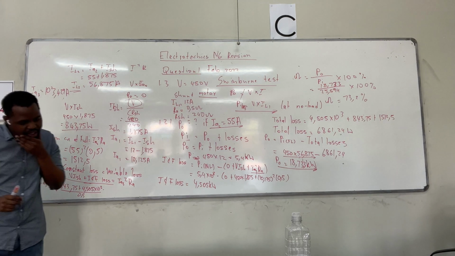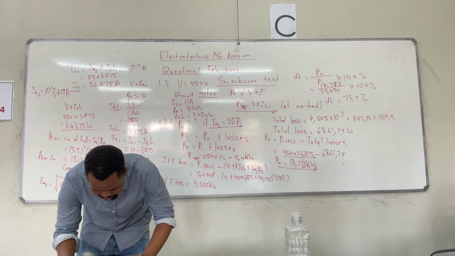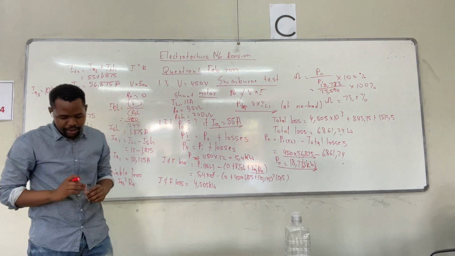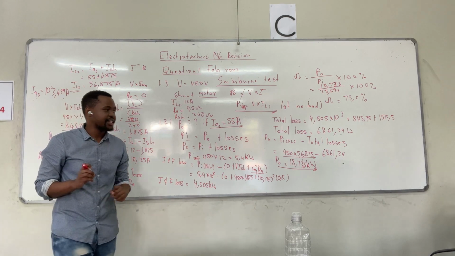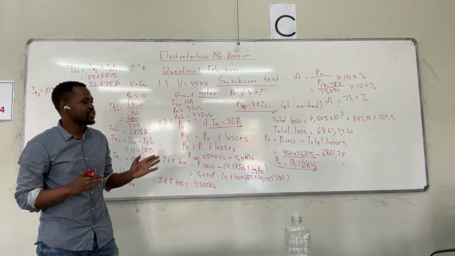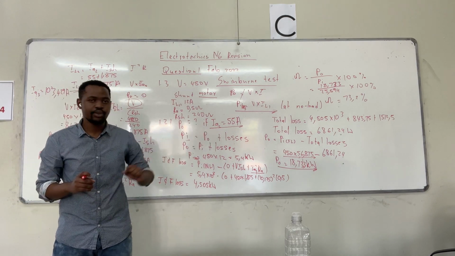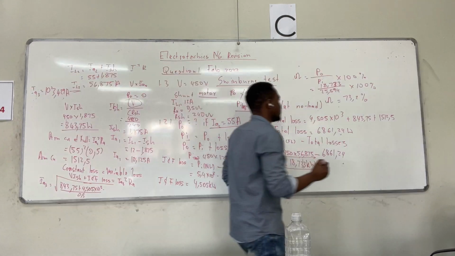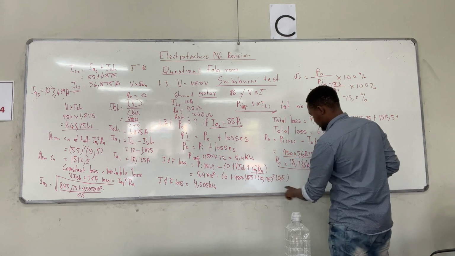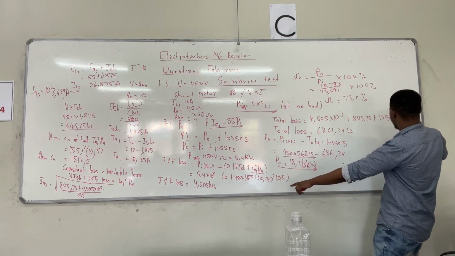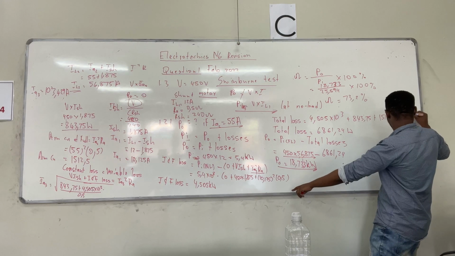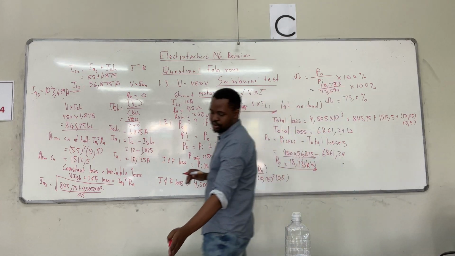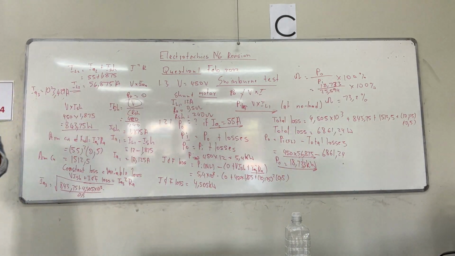Basically, what we should have done is include the no load copper loss in the total losses, which we ignored. Put 10.125 squared times 0.5. With the textbook they ignore it because it is negligible, it's small.